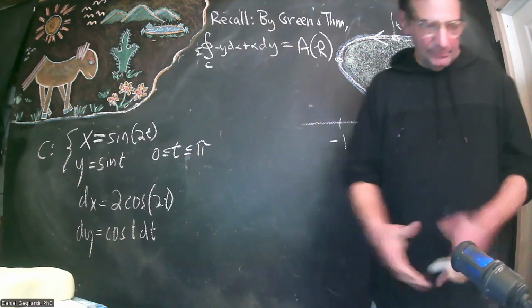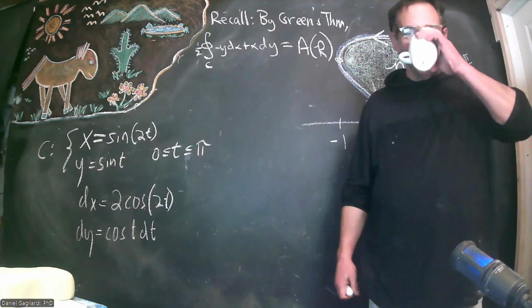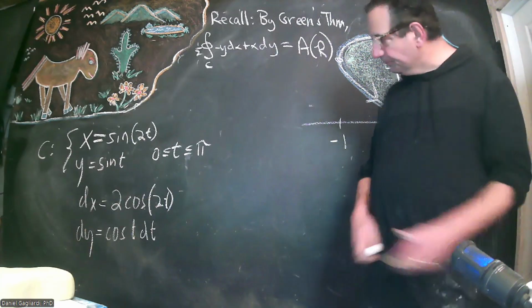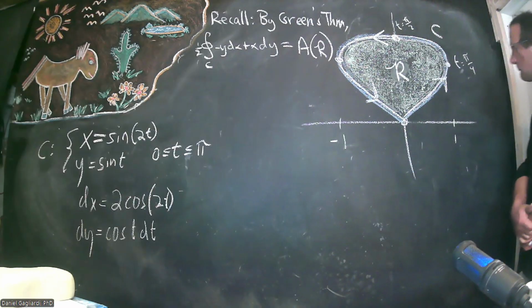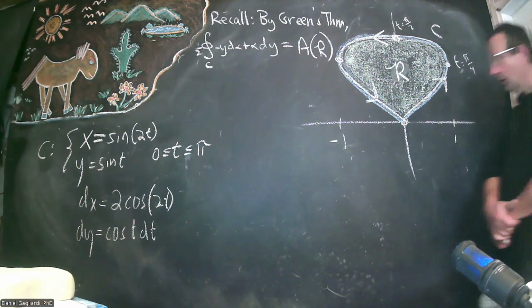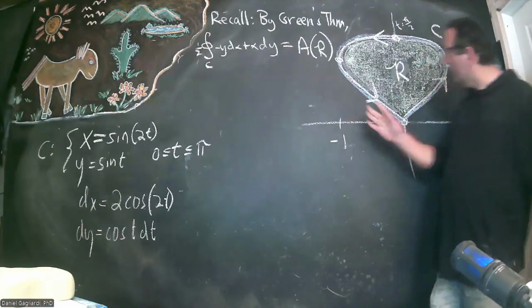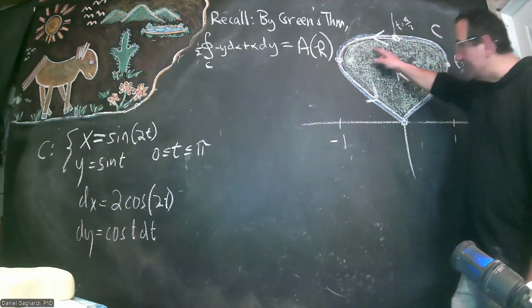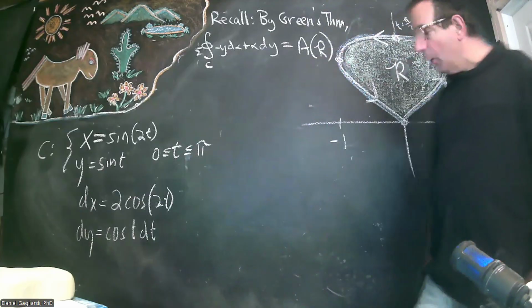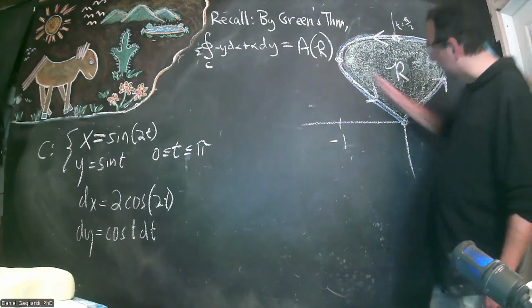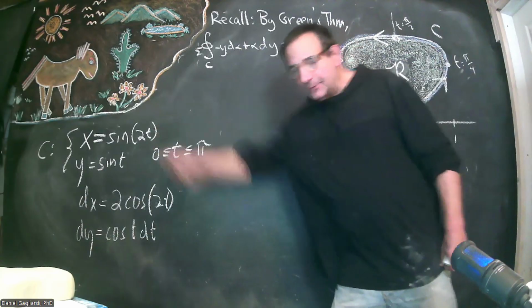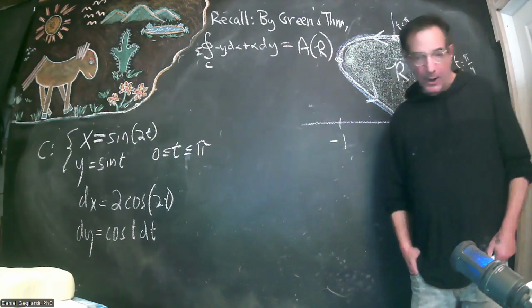Scratch that. Okay, so progressing along, when t is equal to 3 pi over 4, 135 degrees, then 2 times 3 pi over 4 is 3 pi over 2.